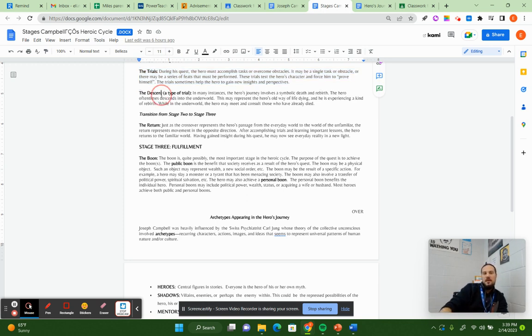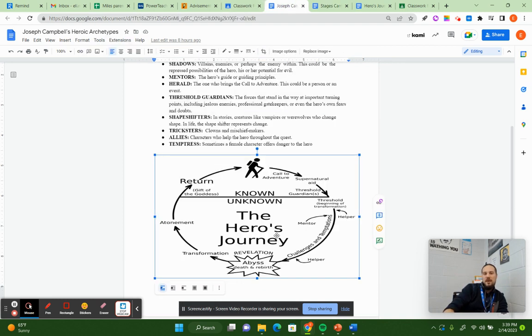And then what you usually have after that is a descent. You go into the abyss, and if you look at it on this map, this is what it is. Sometimes it's called descent into the abyss. Sometimes it's called the belly of the whale. Sometimes it's called the underworld.